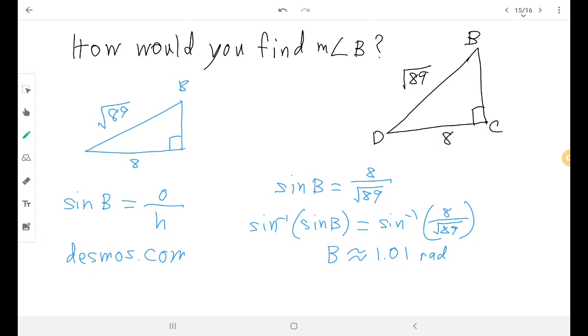I could also get this in degrees if I go back and change from radians to degrees, and then I get approximately 57.99 degrees. You have to be careful and make sure of what you're looking at there. I'll give you a moment to look at that.